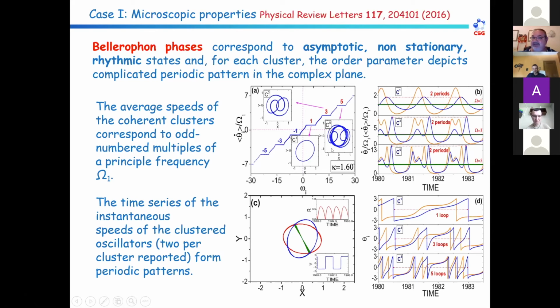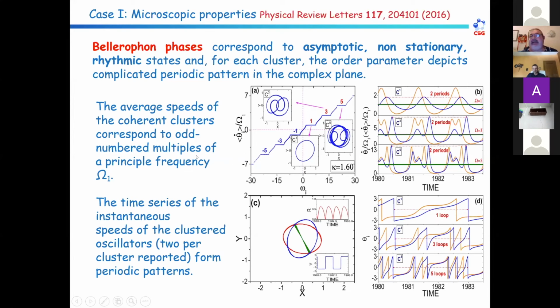So these new states, which I repeat, occur in between pure coherence and pure incoherence when the transition is exactly at the bifurcation point from being explosive, and correspond to an asymptotic non-stationary rhythmic state. And for each cluster, the order parameter depicts complicated periodic patterns in the complex plane.